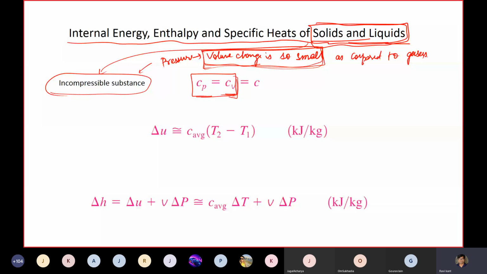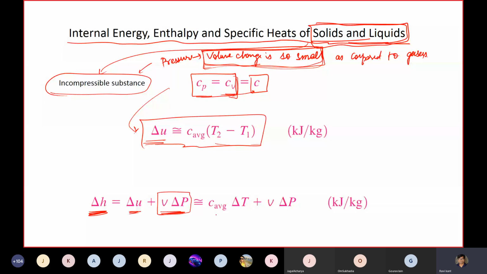We would actually be talking about the same thing, and we call it C. And now for solids, the change in internal energy can be quickly written in a similar fashion as C average times (T2 minus T1), and enthalpy change can be written as delta U plus V dP, because here this is an extra term.